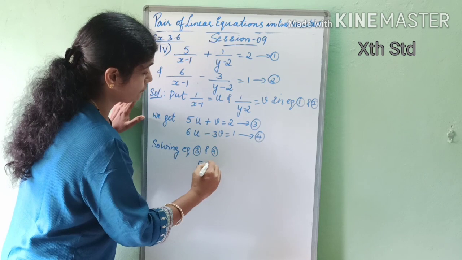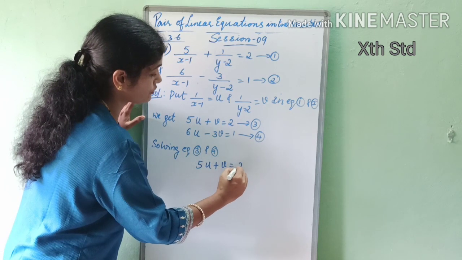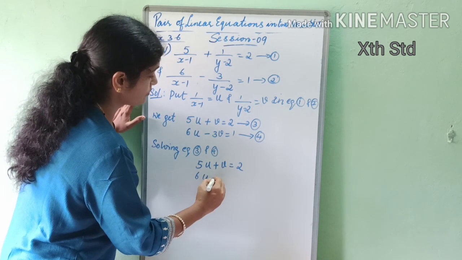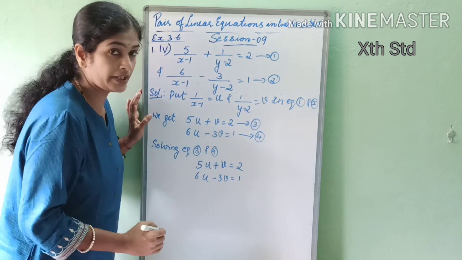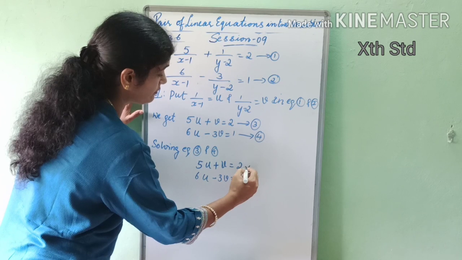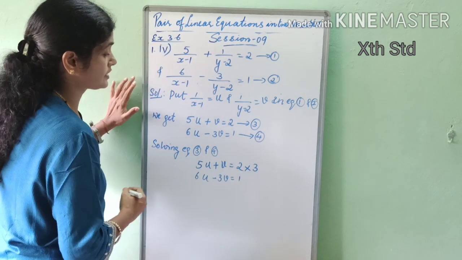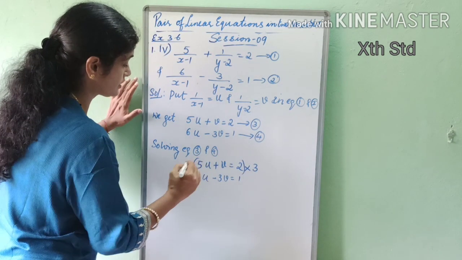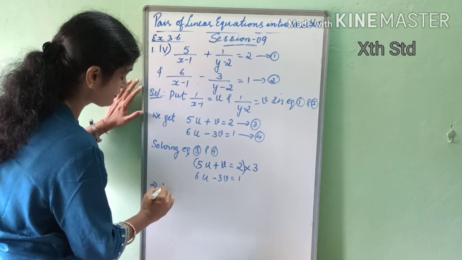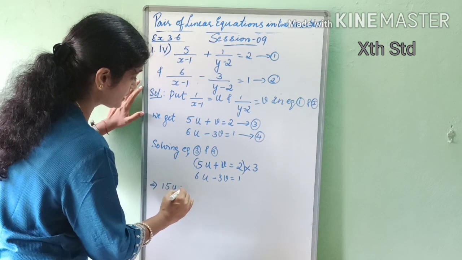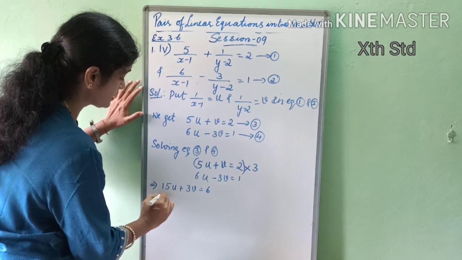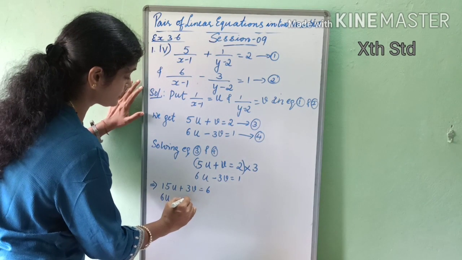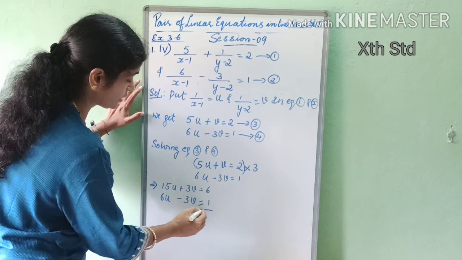If you want 5u plus v equal to 2 and 6u minus 3v equal to 1, right? Equation 3 I will multiply by 3, the entire equation. So this reduces to 15u plus 3v equal to 6, and this no change, 6u minus 3v equal to 1.